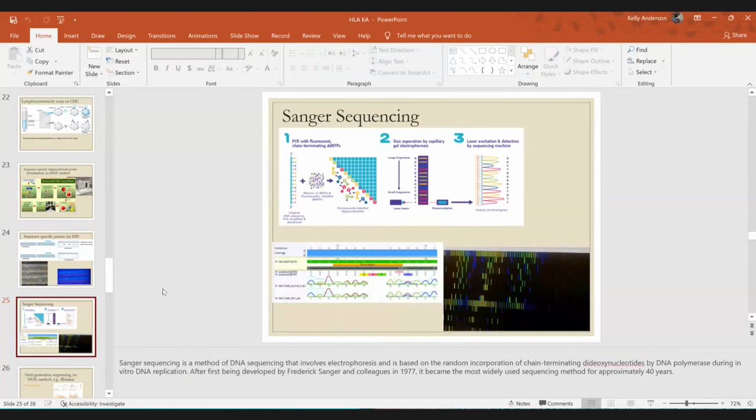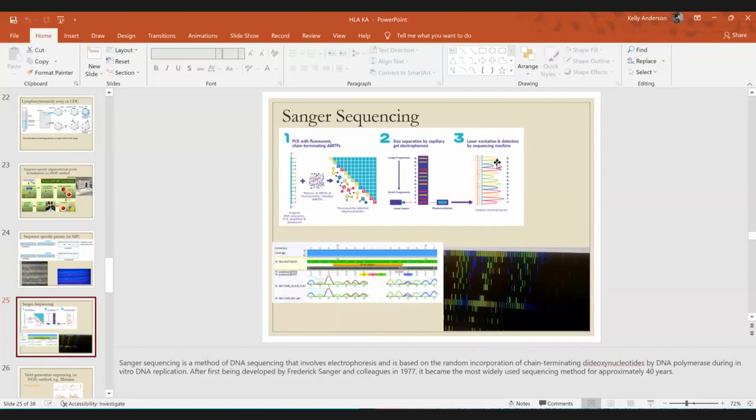Then we have Sanger sequencing. So this is PCR with ddNTPs. So that terminates after each ddNTP is added. So it runs through a capillary electrophoresis and it is struck with that laser.